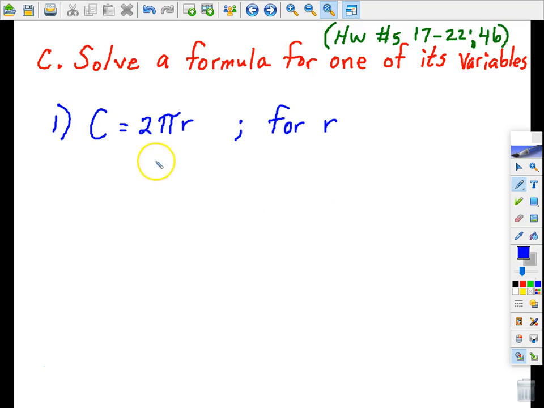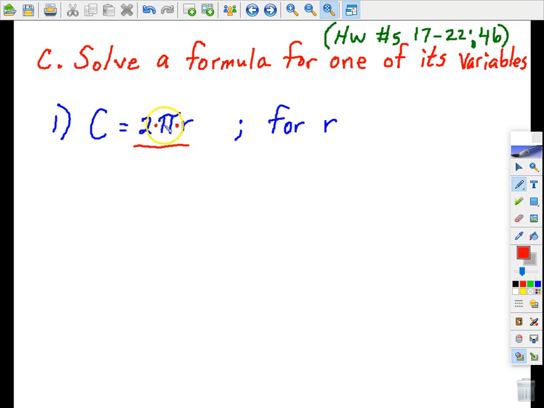And if there's more than one operation on a side, then we follow PEMDAS in reverse. Well, in this particular case, there isn't more than one operation. It's really the same operation, just being applied with two different numbers. 2 is being multiplied times r, which is what we're asked to solve for, and pi is also being multiplied times r. Well, since both of them are being multiplied, we can just undo both of them at the same time.